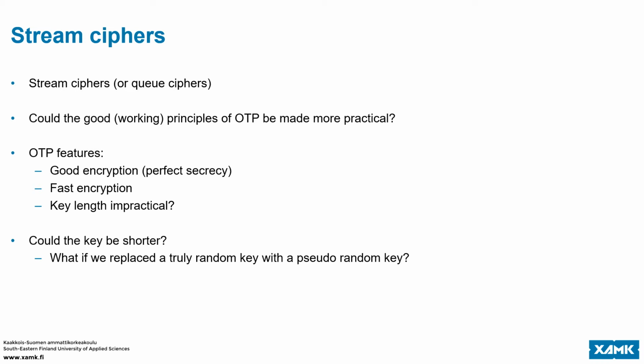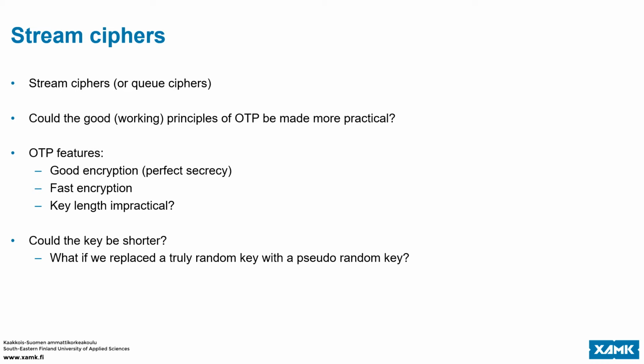These good features, if we remember back to last time, were that the encryption is very good, it indeed is perfect, encryption is very fast, but the key length is somewhat impractical. So only this last requirement, the key length, is something that needs to be fixed in order for this to be useful in the real world.